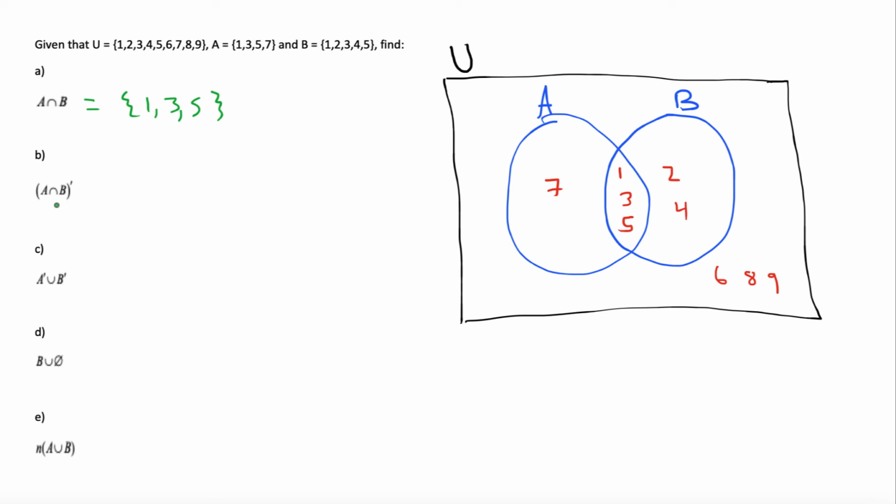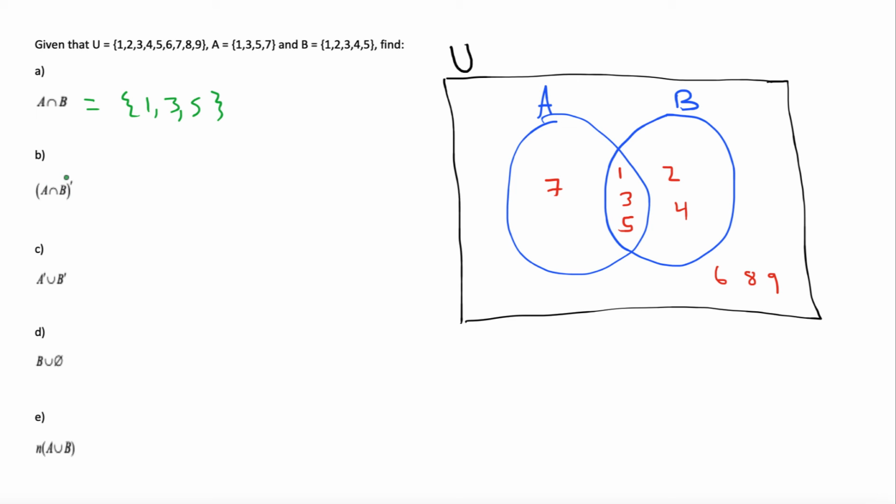This one's a little bit trickier. We do see A intersection B, but we see the parentheses with this little superscript symbol. Remember, that means the complement, everything else. So we want to do the order of operations. A intersect B is 1, 3, and 5, but this symbol means we don't want to take that.